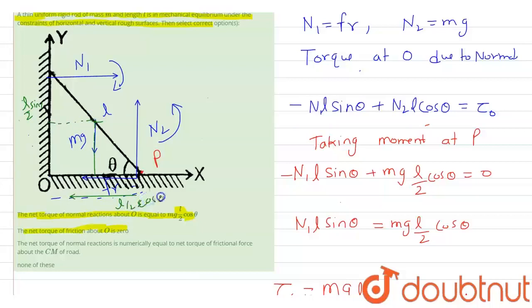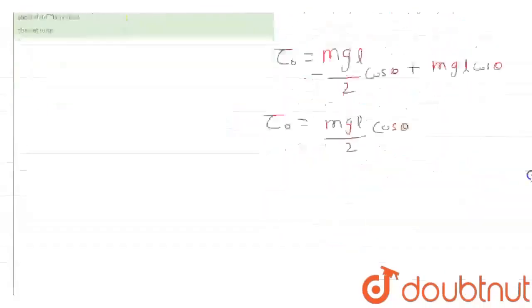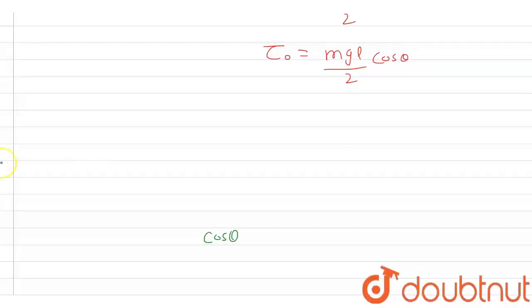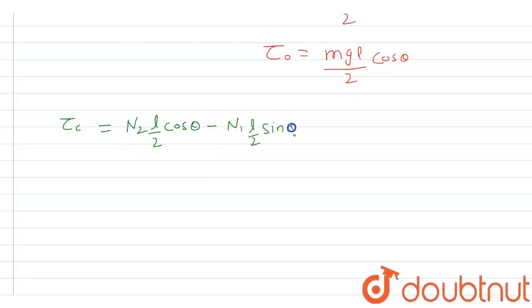So the torque around the center of mass will be equal to N2 into L by 2 cos theta minus N1 into L by 2 sin theta.